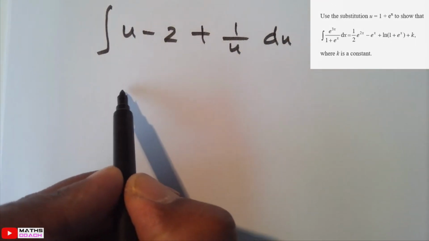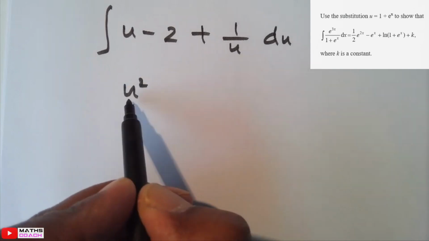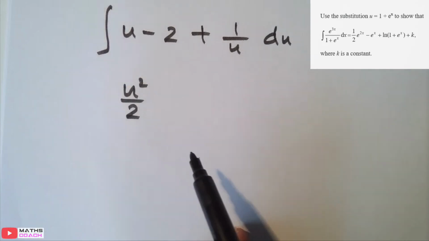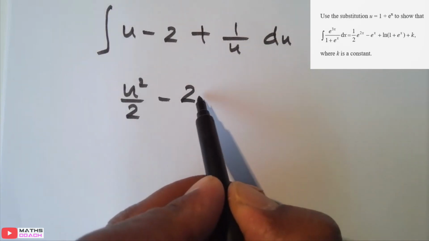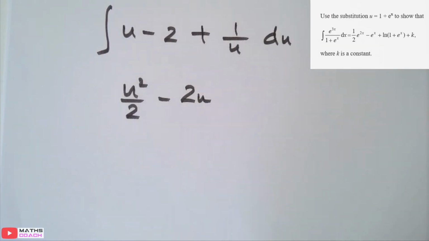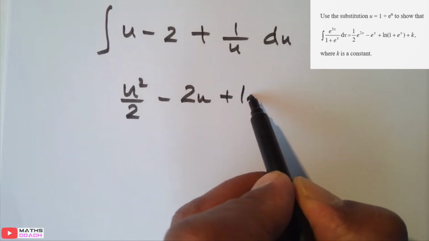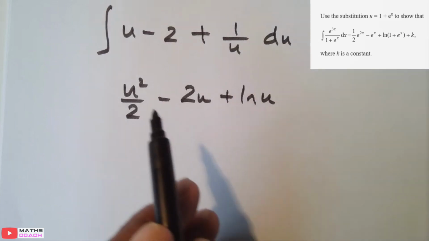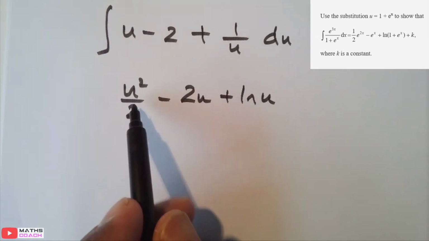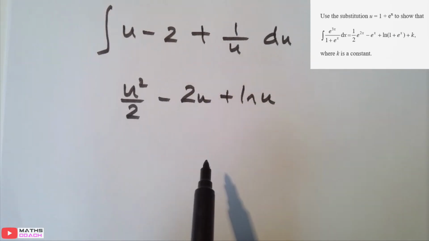The integration of u is u squared over 2, minus the integration of 2, which is 2u, plus ln u. We then convert that back by changing the u into the appropriate substitute.